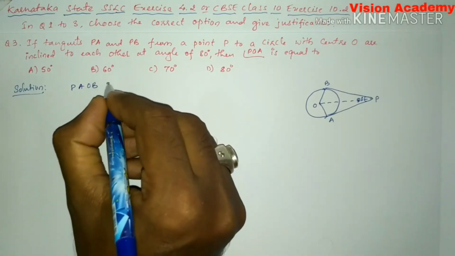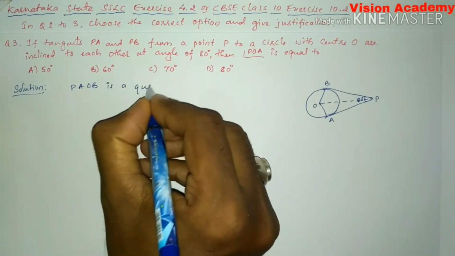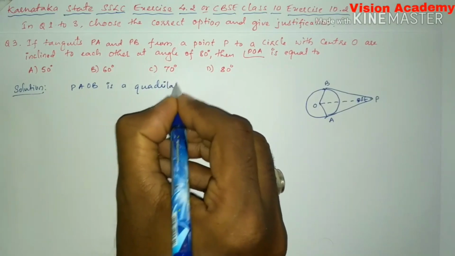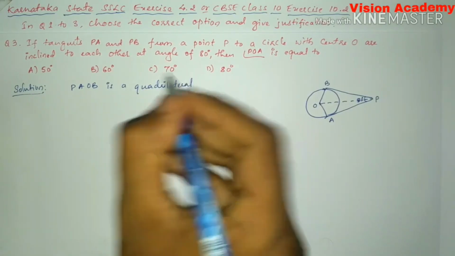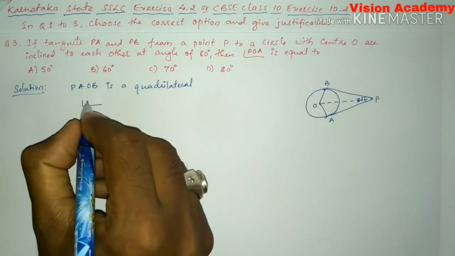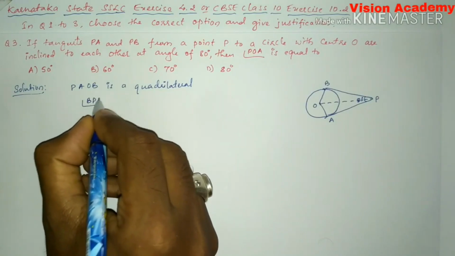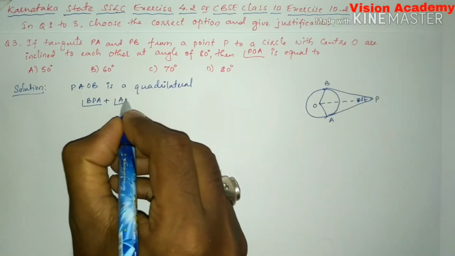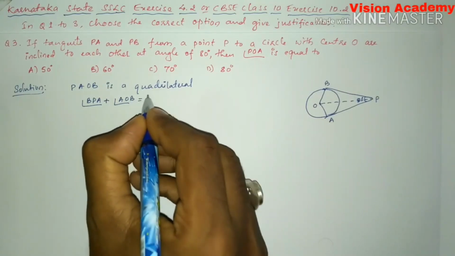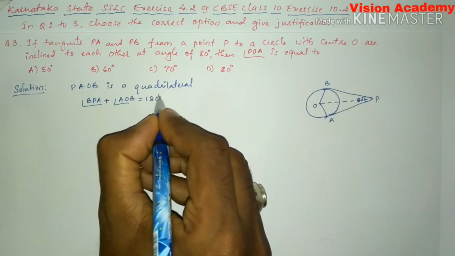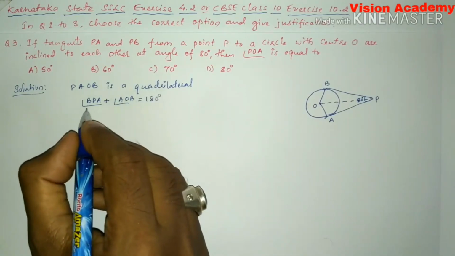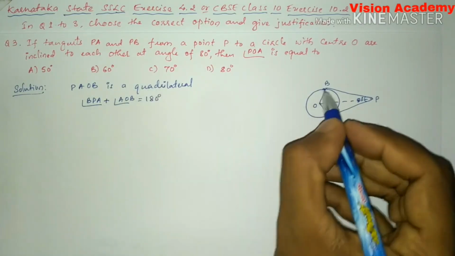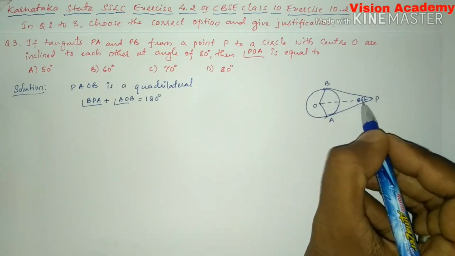Now let us write PAOB is a quadrilateral. Angle BPA plus angle AOB is equal to 180 degree. Here BPA is 80 degree.